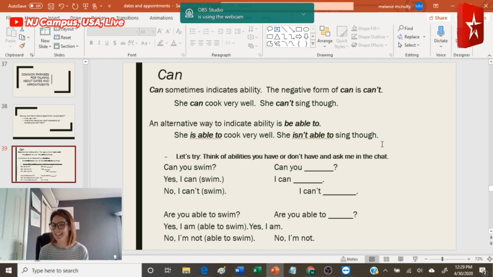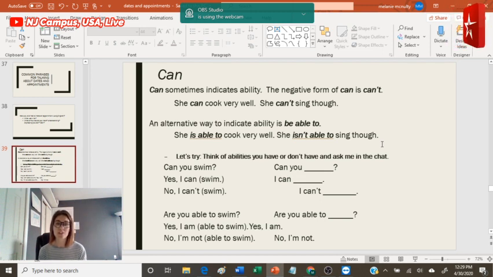She can't sing though. Okay, she can't. She's not able to sing. She can cook very well. She can't sing though. Okay. An alternative way to indicate ability is be able to.